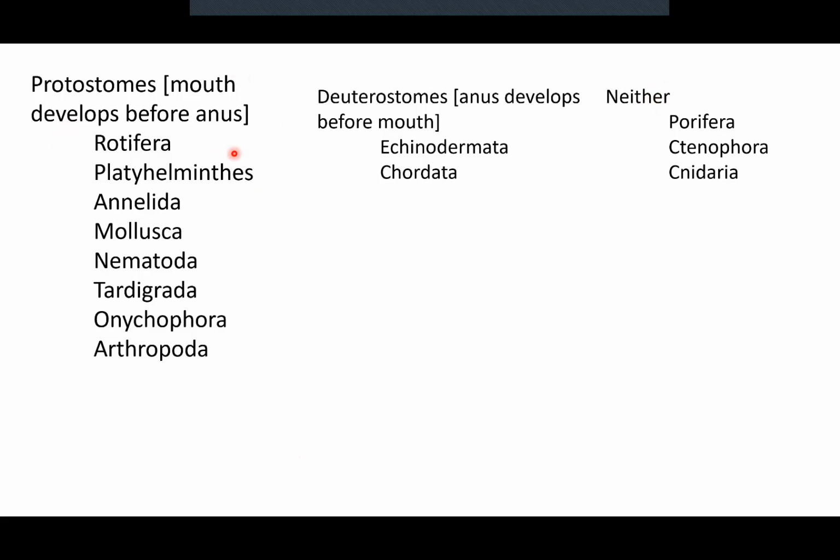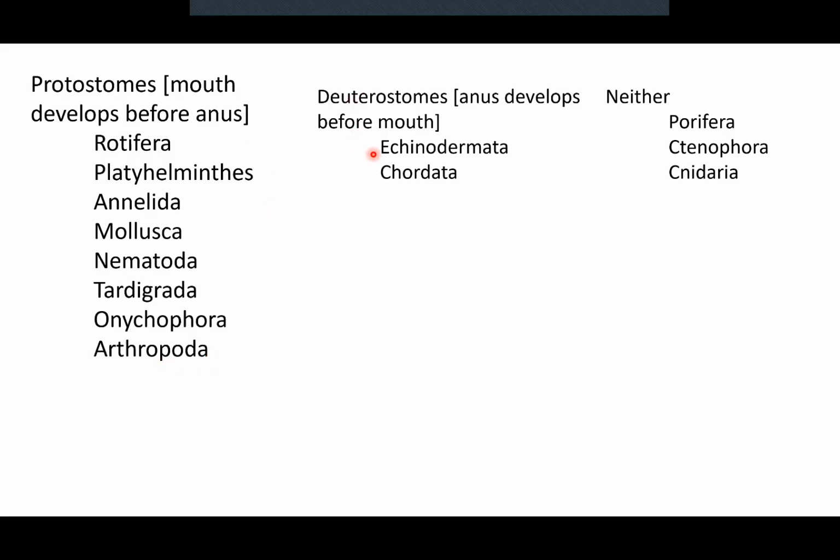We have our rotifers, the platyhelminthes, the annelids, the mollusks, the nematodes, the tardigrades, which are water bears, which you actually don't need to really know about, the onychophores. Some of these words are going to get a lot more difficult for me to pronounce. And the arthropods, so all of these are protostomes.